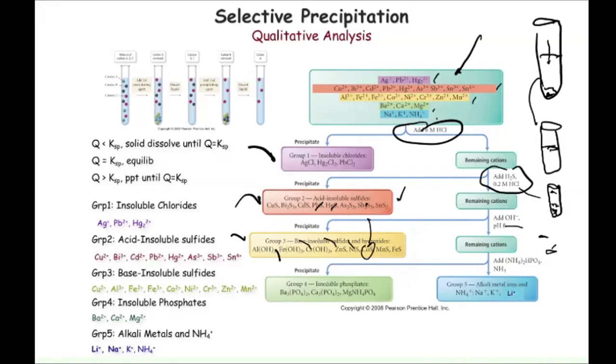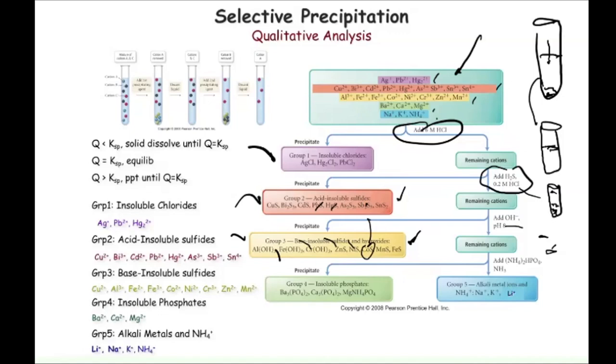Under basic conditions, these sulfide salts will precipitate out. Okay, you change the pH of the solution to precipitate one group versus another group. And then if something precipitates out, again, you get a solid in the bottom of the test tube. You decant that. You only test the supernatant because the precipitate tells you the presence of these guys right here.